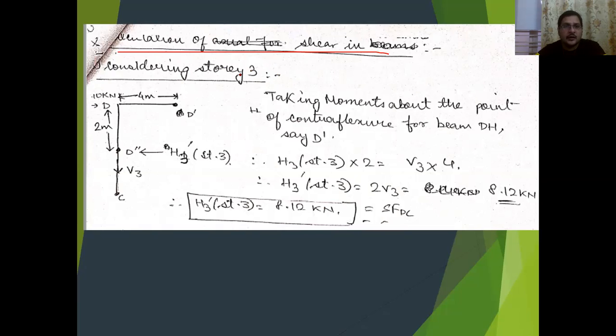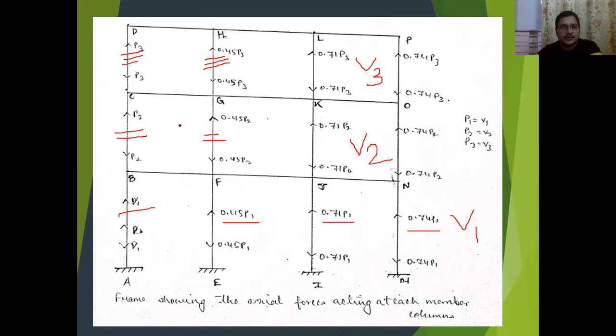Now to calculate the shear force acting in the columns, we will go from top to bottom. Always remember, to calculate the shear force, we will go from top to bottom. So considering story 3, which portion have I cut? I have cut at the points of contraflexure of the topmost columns, that is, at floor level 3.